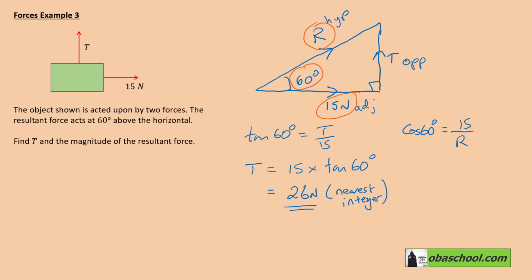Now in this situation, multiply both sides by R, and then divide both sides by cos 60. I happen to know cos 60 is a half, so I don't really need the calculator here. 15 divided by a half is 30 newtons.